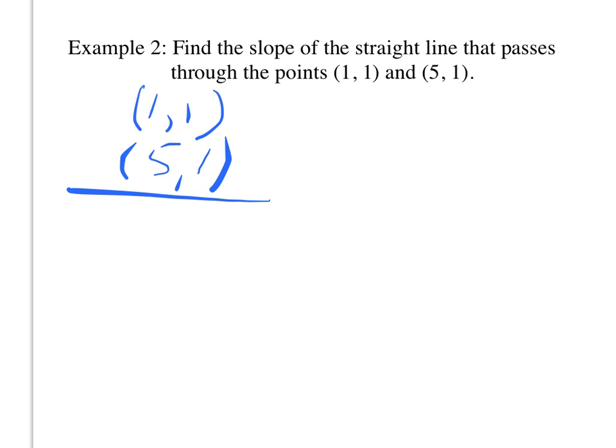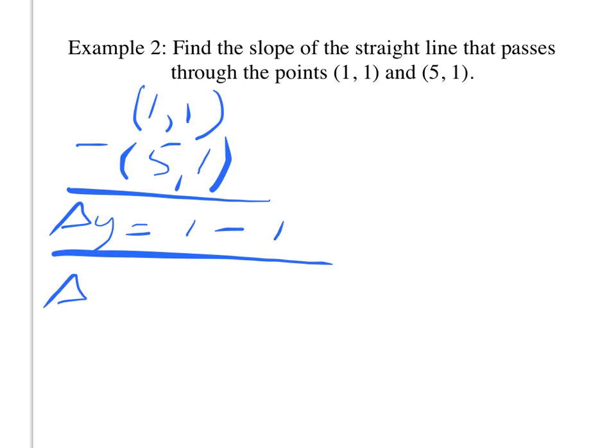So change in y, or delta y, is 1 minus 1 over change in x is equal to 1 minus 5. Well, 1 minus 1 for the change in y is 0 over 1 minus 5, add the opposite, is -4. 0 divided by -4 is 0.